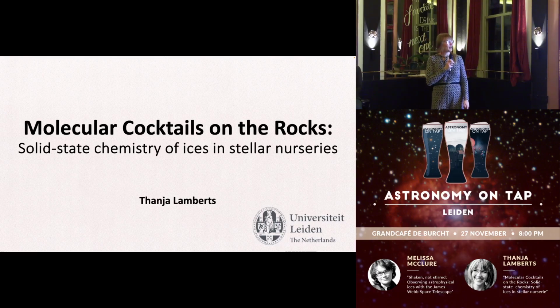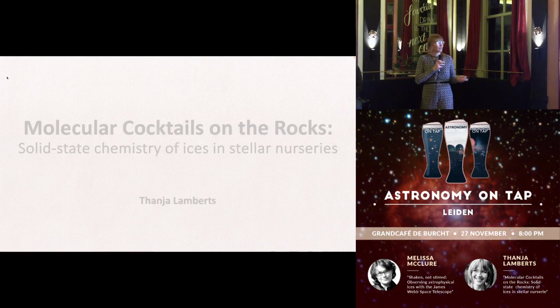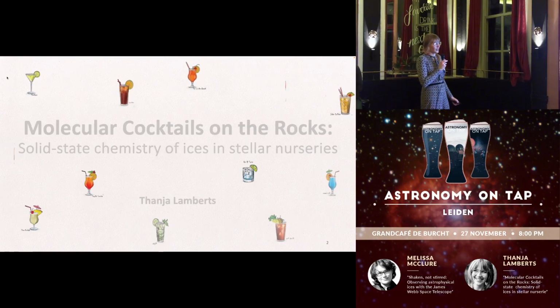All right, so as a person aspiring to be a chef, today I'll be talking about cocktails, and actually specifically molecular cocktails. And this is maybe the dry version of what the title slide looks like, but I would really like you to think about it in this way.